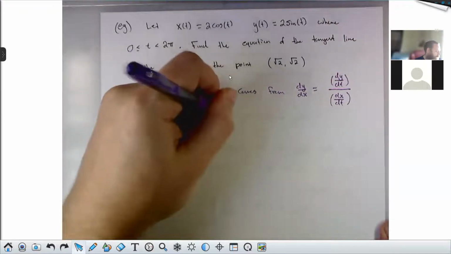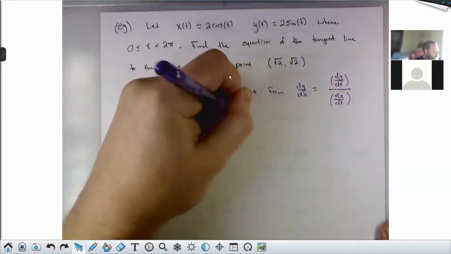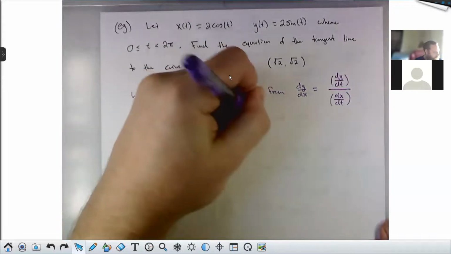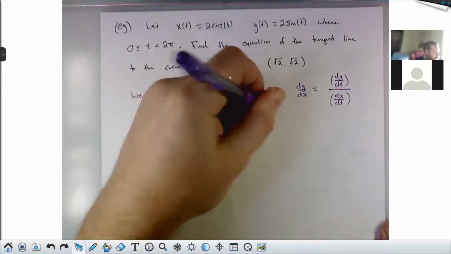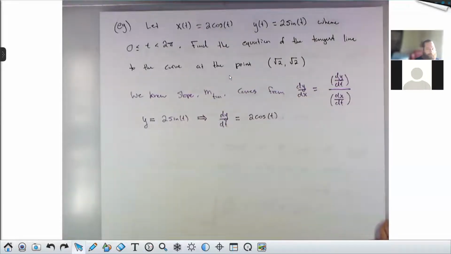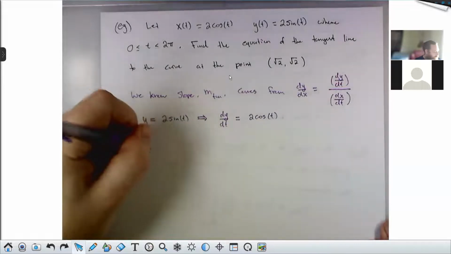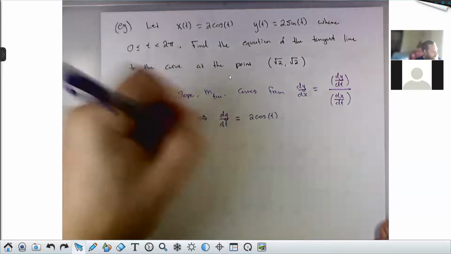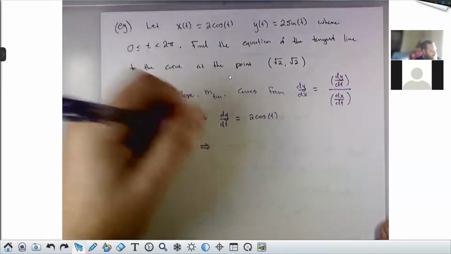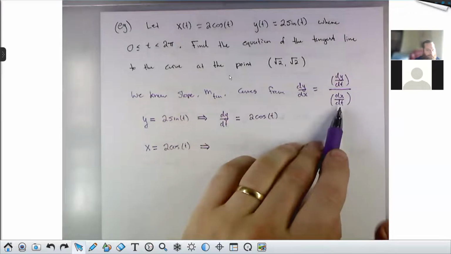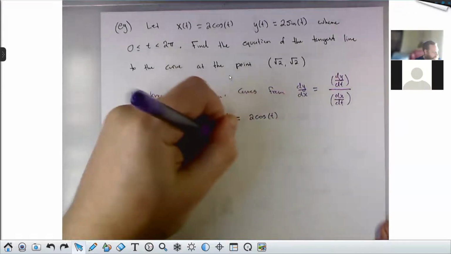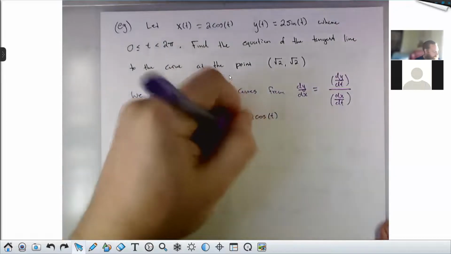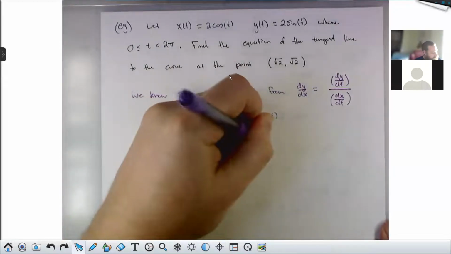So dy dt is the derivative of this taken with respect to t. That's 2 cos t. And x is 2 cos t. So the other sort of piece of this recipe that I need, dx dt, is the derivative of this taken with respect to t, which is negative 2 sine t.